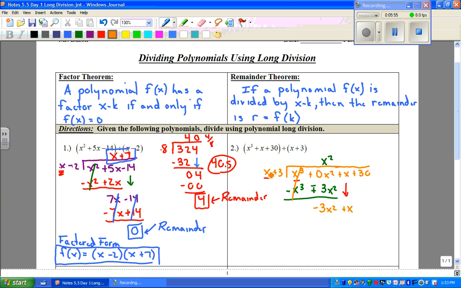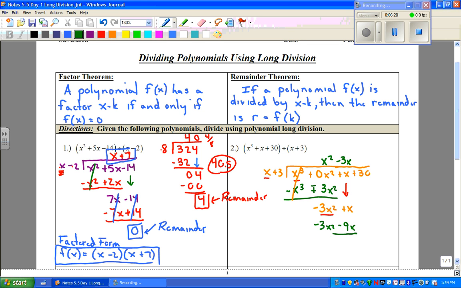Now, what do you have to do to this to get this term right here? Well, you'd have to multiply this by a negative 3 and by an x. So I'm going to put negative 3x up here, above my x term. And let's multiply these now. I'm going to get minus 3x squared and minus 9x.